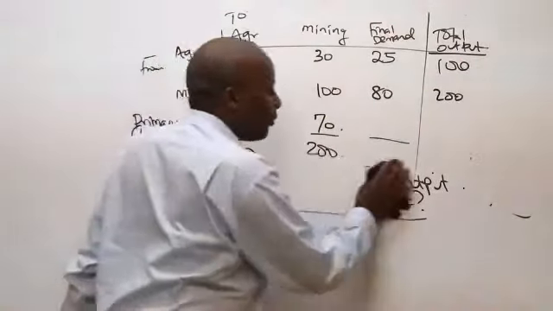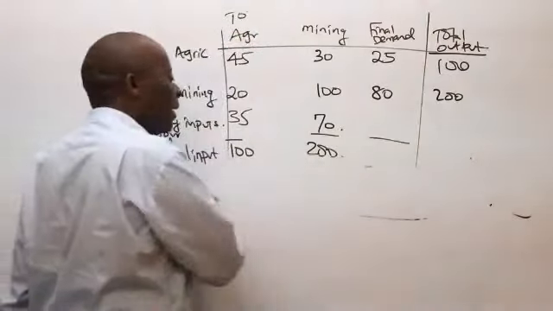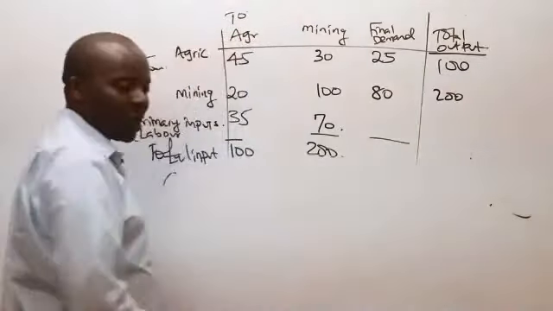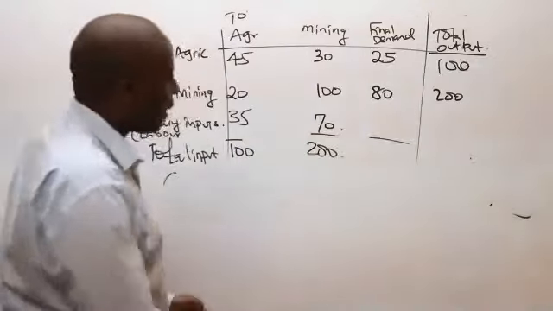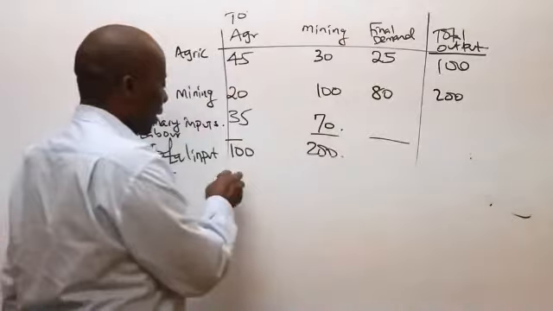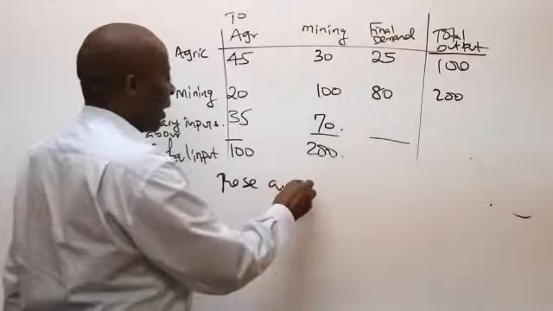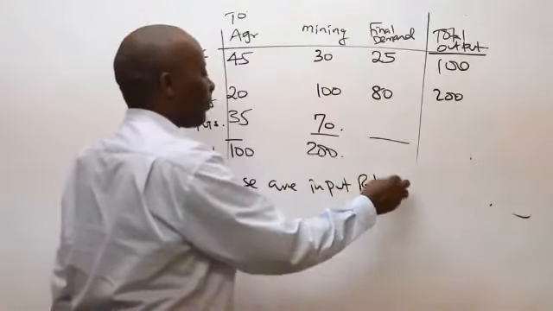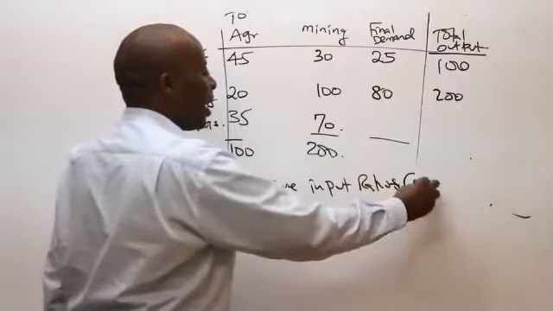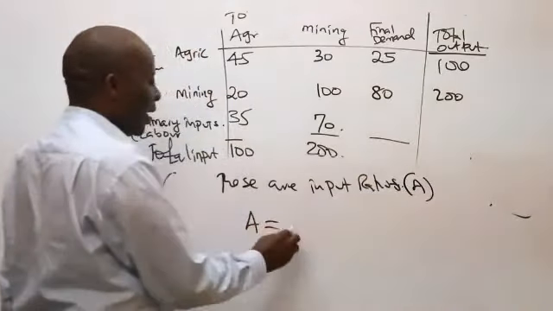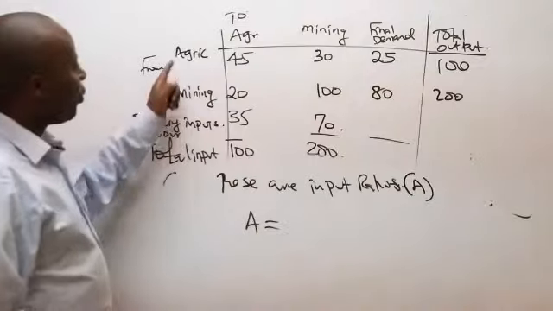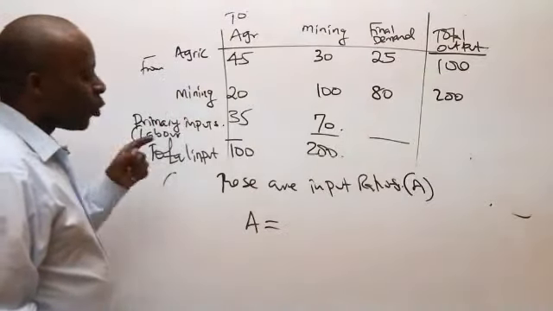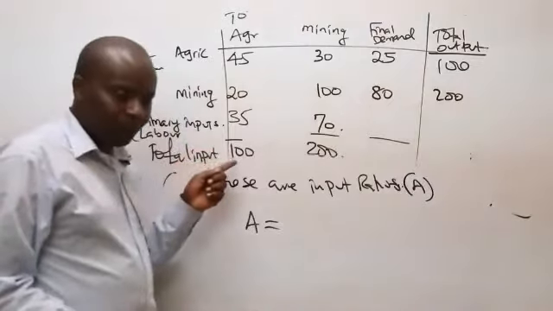Technical coefficients are basically the input ratios. So tell us there that these are the input ratios. We normally call them A. And for us to get A, because you have got two sectors, I only need to go to my columns.